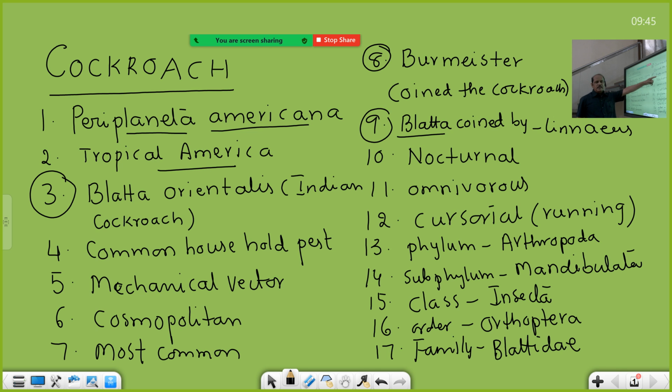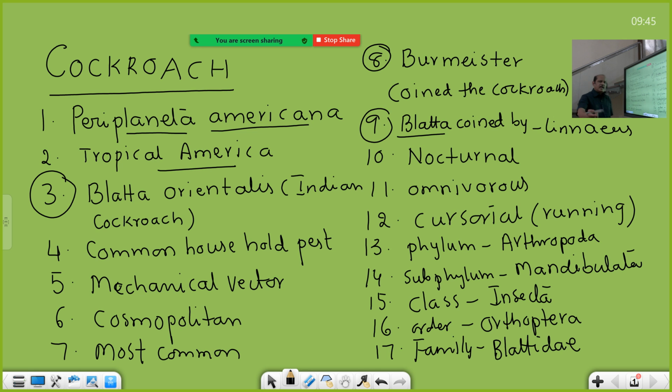So here Blatta is a genus name, Blattidae. In the same way, humans, Homo sapiens, Hominidae; hyena, carnivorous mammal, Hyaenidae; bear, scientific name Ursus, Ursidae. So bear's family is Ursidae, like that.